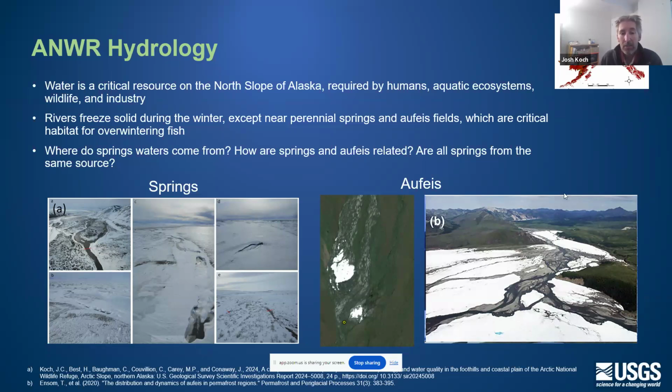So we wanted to be better able to predict both water availability and the future of water availability. We see these small springs and small pockets of water in the winter, so we were interested in answering questions related to where this spring water comes from. What is alpha ice telling us about springs or subsurface water?